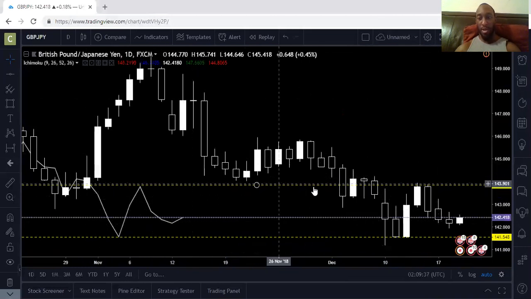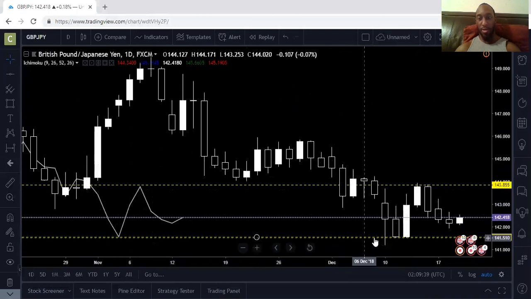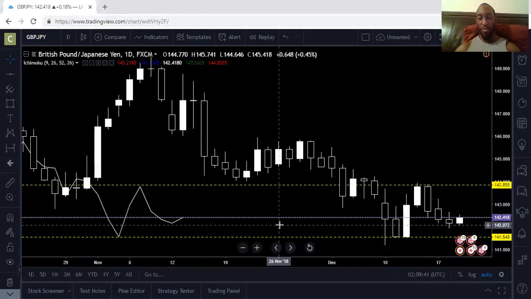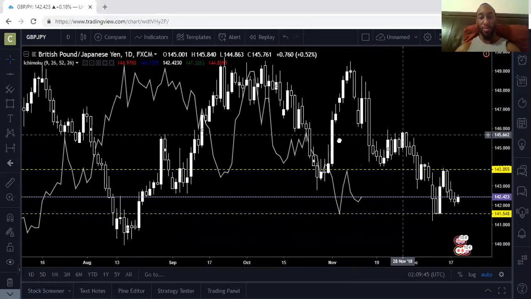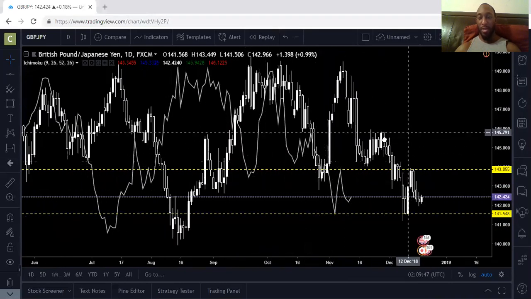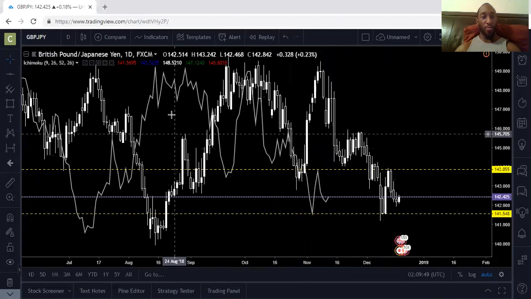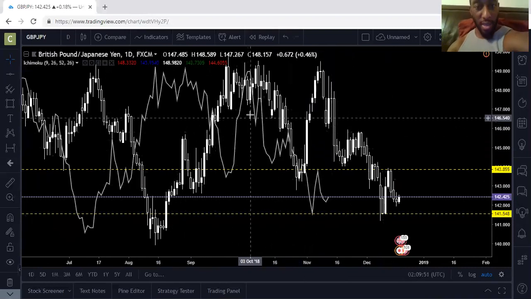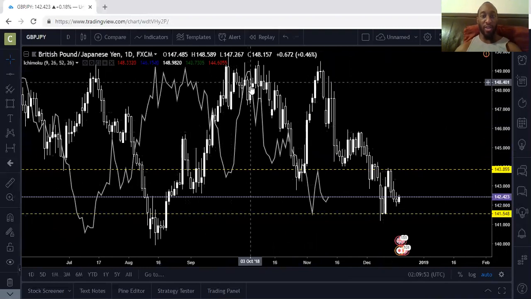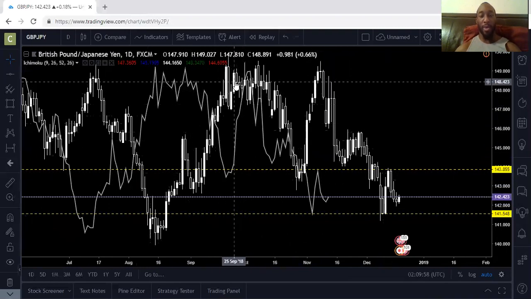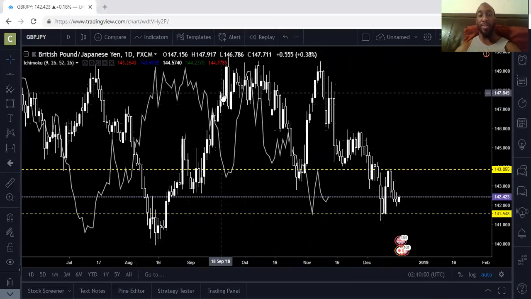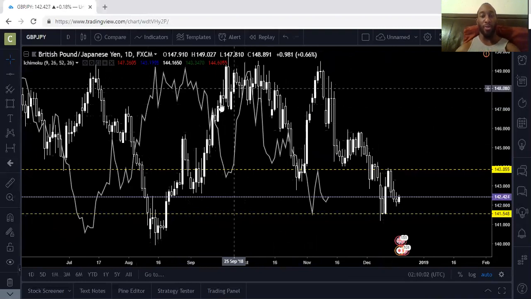Here, here, here, here, here. It's crazy how this system is really simple. So whenever you see Chikou span crashing into the candles, that's a signal saying the market is going to reverse.